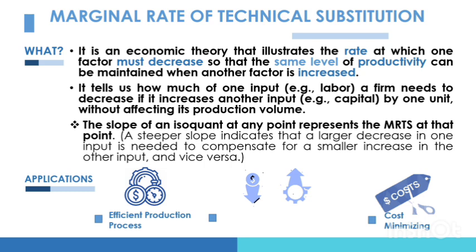It tells us how much of one input, like labor, a firm needs to decrease if it increases another input, like capital, by 1 unit without affecting its production volume.